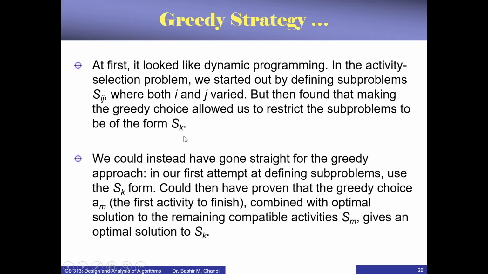Now, instead of doing this, actually, we could have just gone straight away to the greedy approach. Okay? In our first attempt of finding subproblem, we should just use the greedy choice. Use the notation Sk rather than Sij. We could then prove that the greedy choice, Am, combined with the optimal solution to the remaining compatible activities, Sm, will give an optimal solution to Sk. Okay?